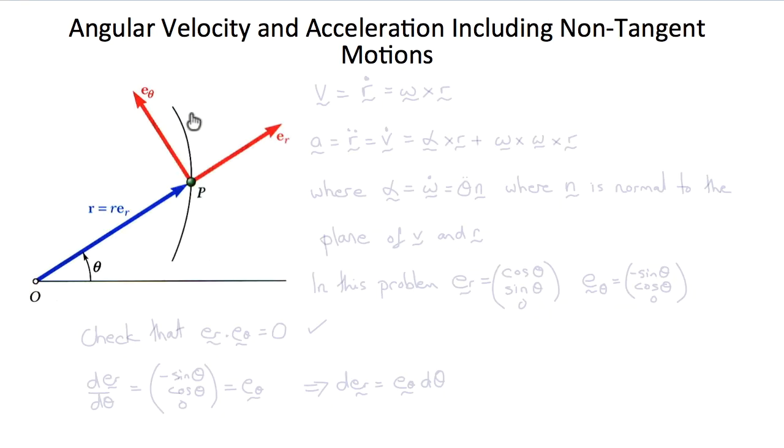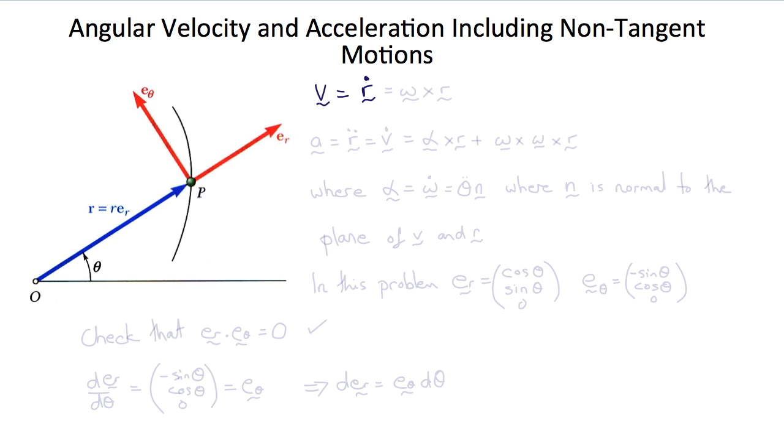Now let's consider the angular velocity and acceleration when the motion of the particle p also includes a radial component, so that there's both a theta and an r component to the trajectory of p.